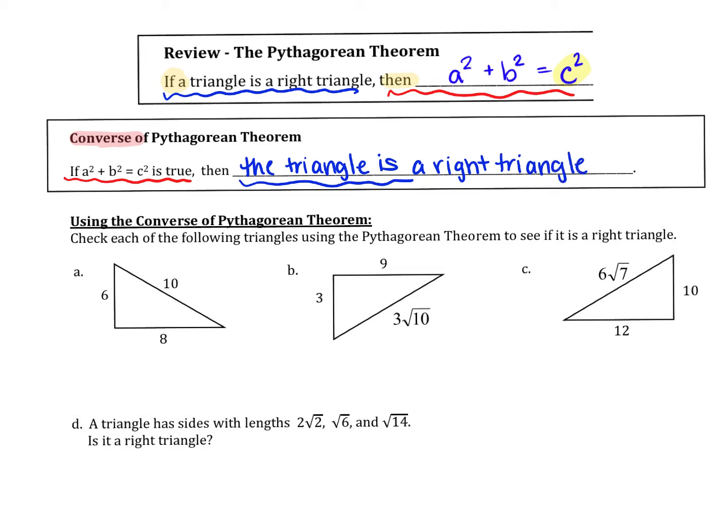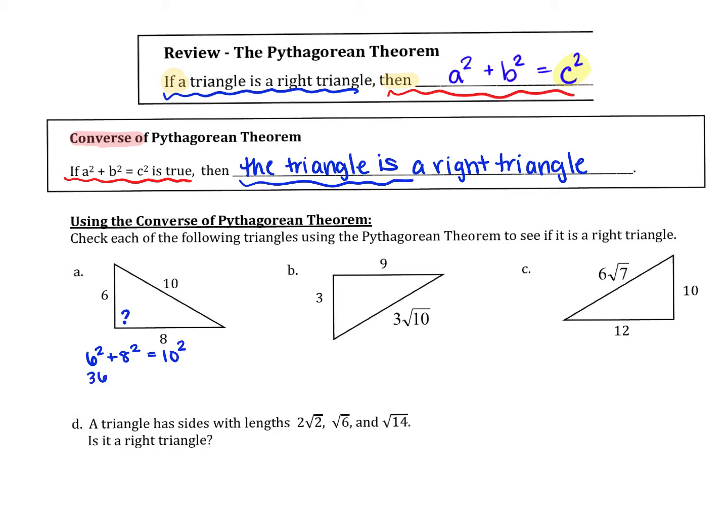Now we're going to determine if these triangles are in fact right triangles. So let's look at example A. We know that the longest side is the hypotenuse, so we're trying to figure out if this is a right triangle. So we're going to use the Pythagorean theorem. We have 6 squared plus 8 squared, and we're going to see if that equals 10 squared.